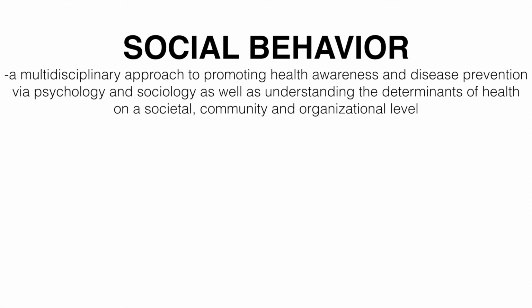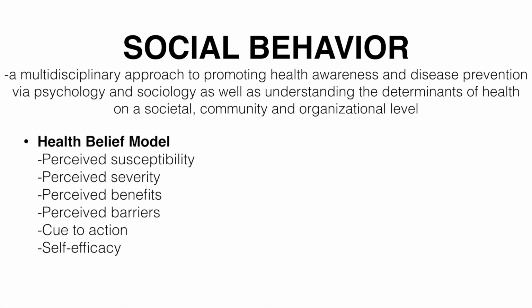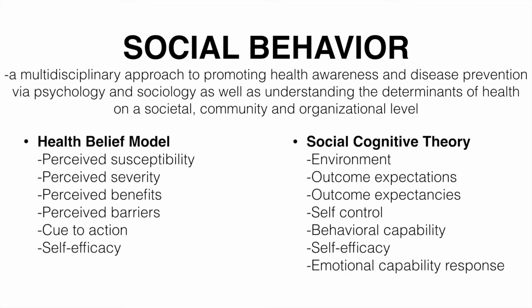So when we talk about health disparities, we're talking about differences in the incidence rate, prevalence rate, disability rate, and mortality rate between groups with a particular disease. There are different theories as it pertains to social behavior in public health, but the two that stood out to me the most are the health belief model and the social cognitive theory.